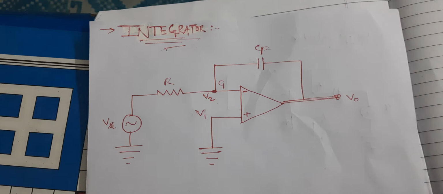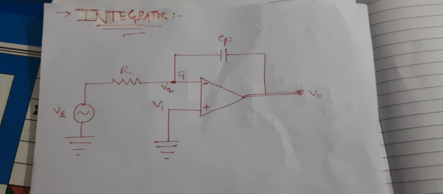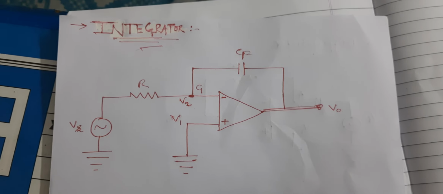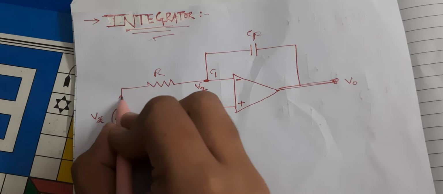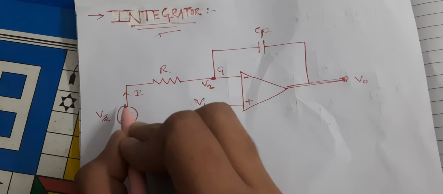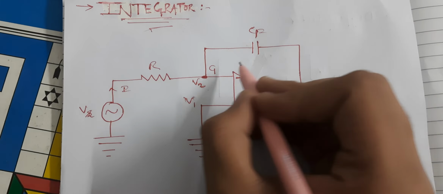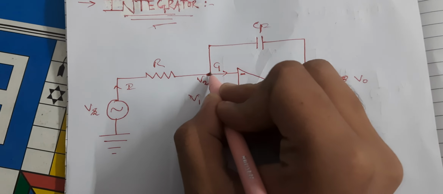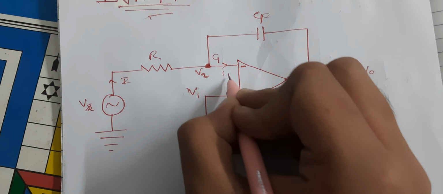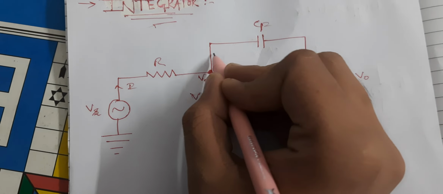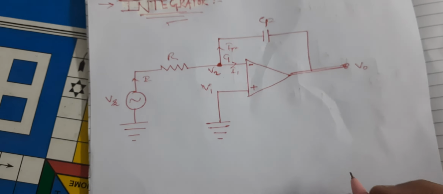Okay, let's derive the equation of this integrator circuit. Here we see that current is coming from this side and dividing at node G as I1 and IF going to the feedback circuit.